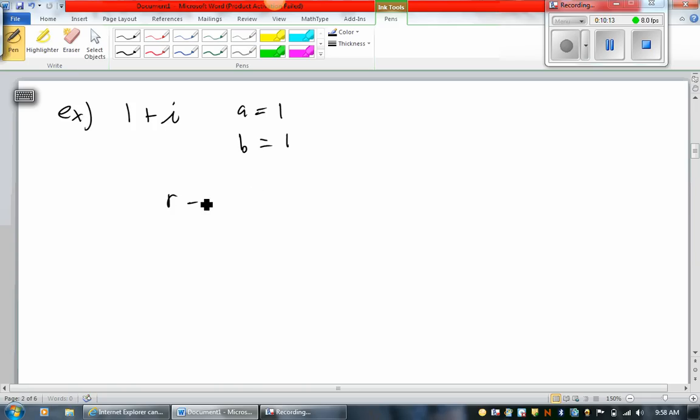So we know that r is radical a squared plus b squared. So if we plug in 1 squared plus 1 squared, r equals radical 2.